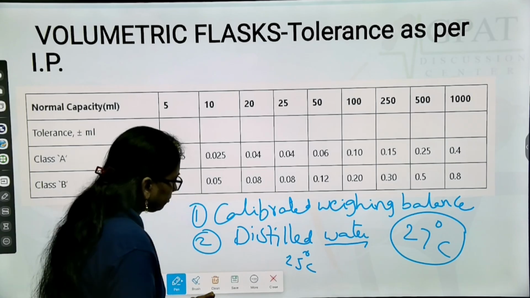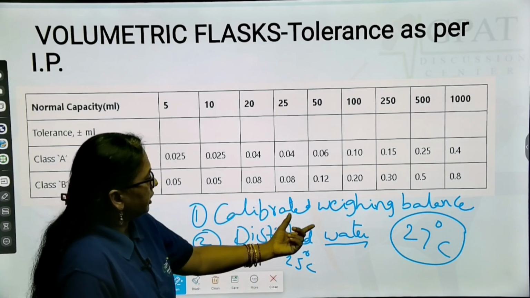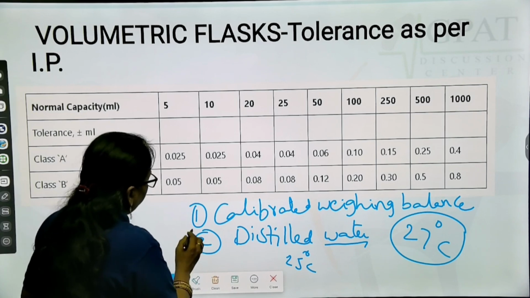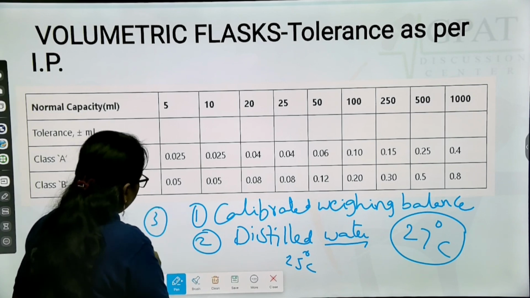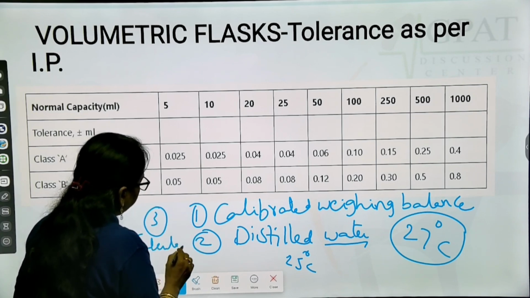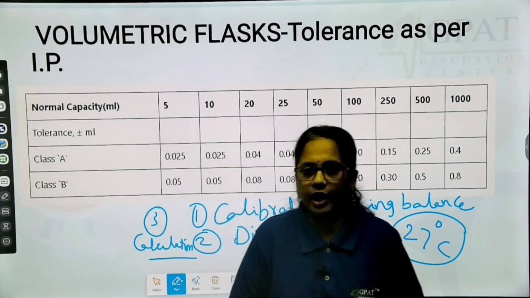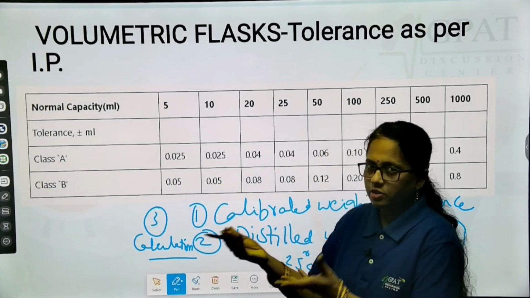Okay. And you should have the calibrated weighing balance and distilled water, and the calculation part is also required, so for that purpose go for a calculator also. Okay. Otherwise it is also provided in all your computers.